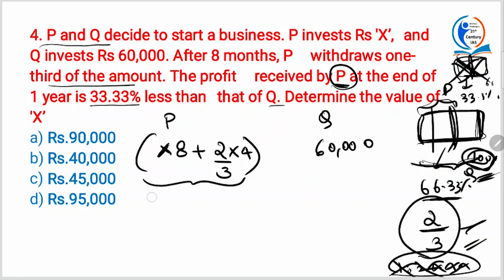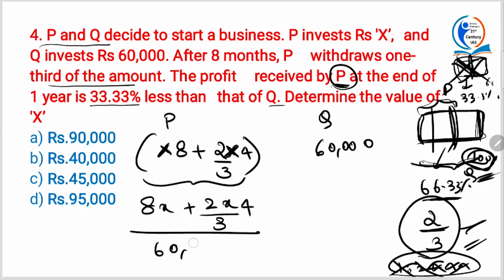Alright. Now (8x + 4x × 2/3) by (60,000 × 12). Here x is not multiplication. This you should not forget, into 12. Why am I writing into 12? Because for the one whole year, he has invested this much without any changes.